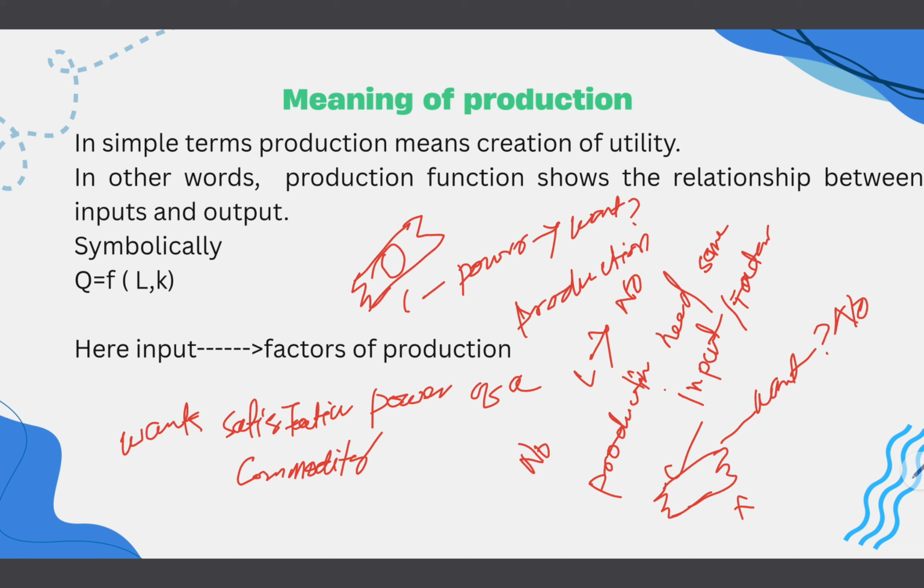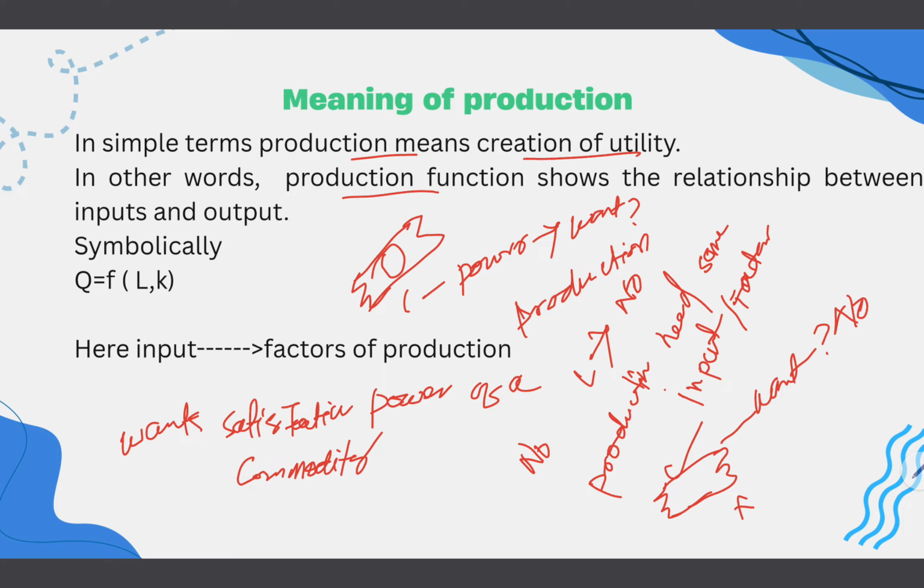So can we say now that production means creation of utility, because we eat that chocolate and get satisfied? Why? Because that chocolate has some utility. And how does it convert to this product? This happens through the process of production. So in simple terms, we can say that production means creation of utility.